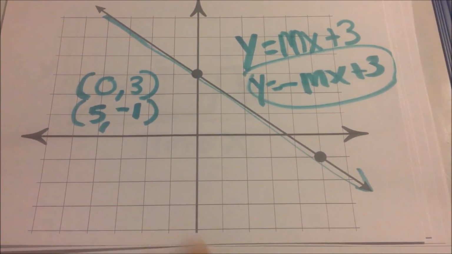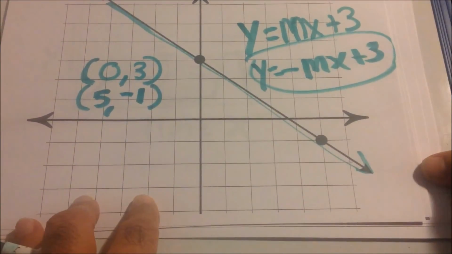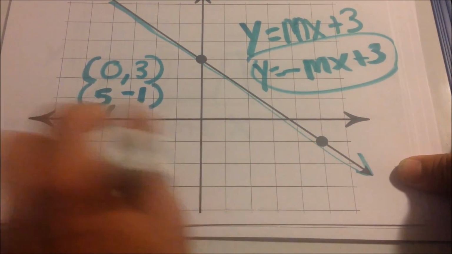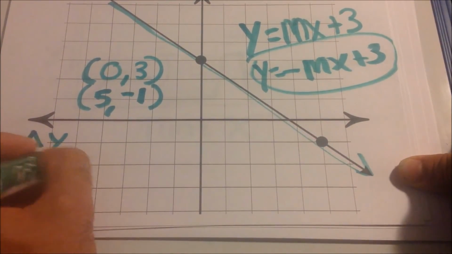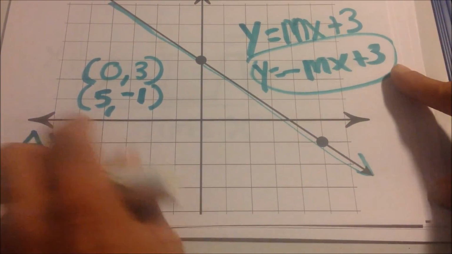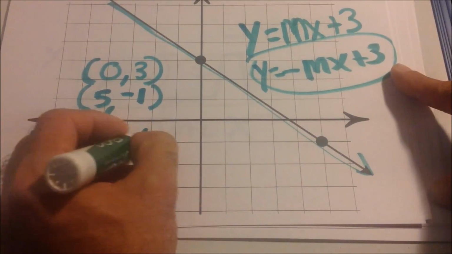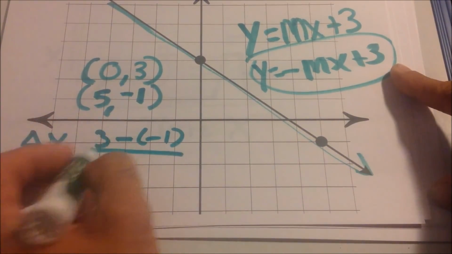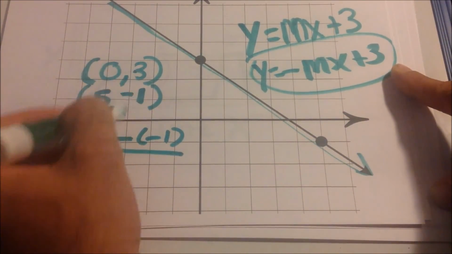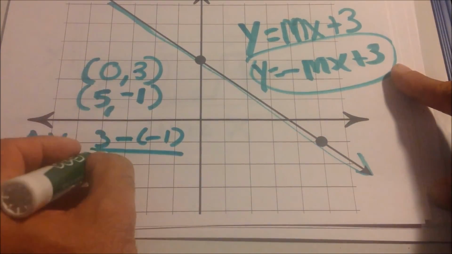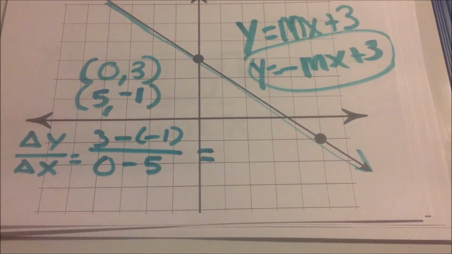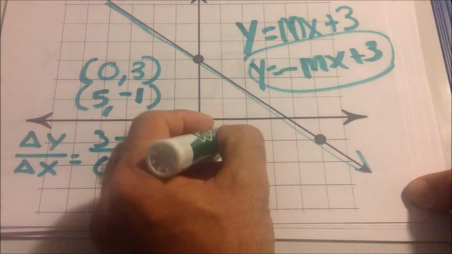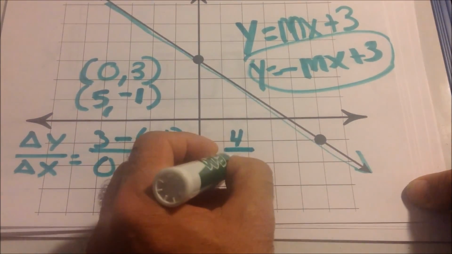So, what would the slope be? Okay, any pairs you want to use. Remember, the change of y over the change of x, rise over the run. So if we wanted to do 3 minus 1, that's the y, then we have to use 0 minus 5. And what would we get? So 3 minus 1 will give us 4, and this will give us negative 5.